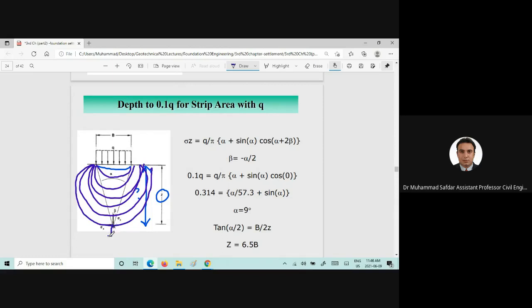So we will end up with a point where we will be having 10% of the pressure which is exerted onto the strip footing.